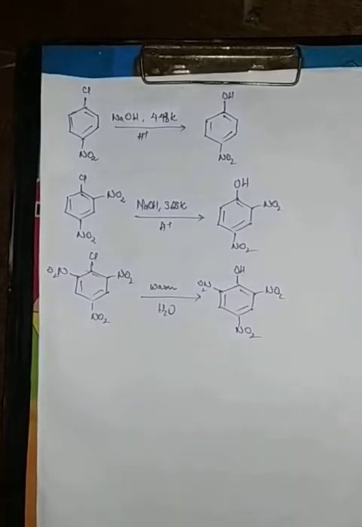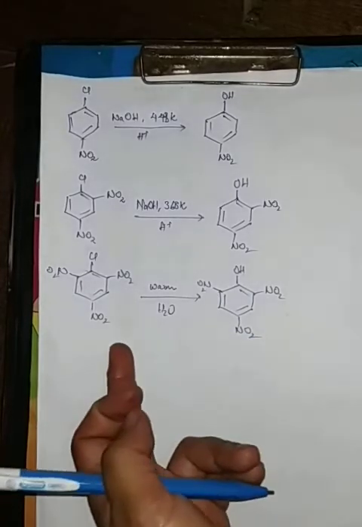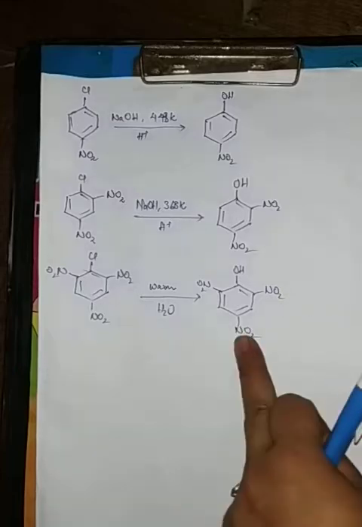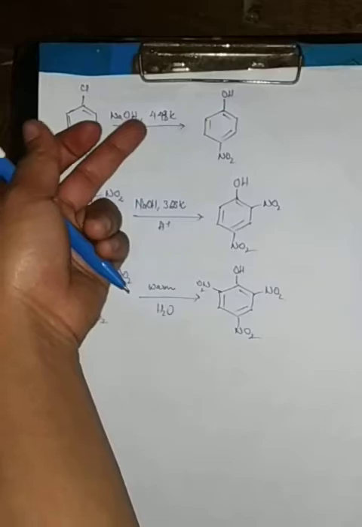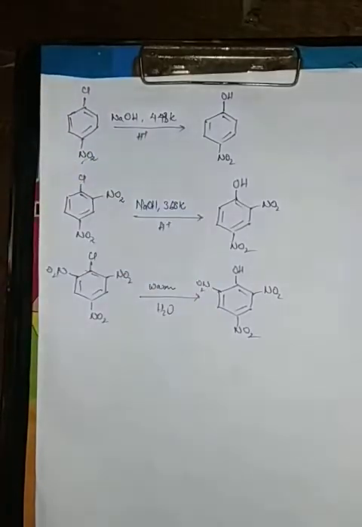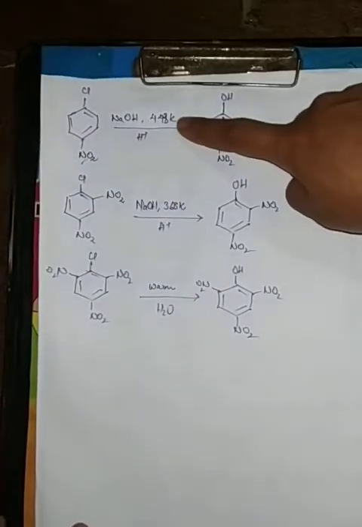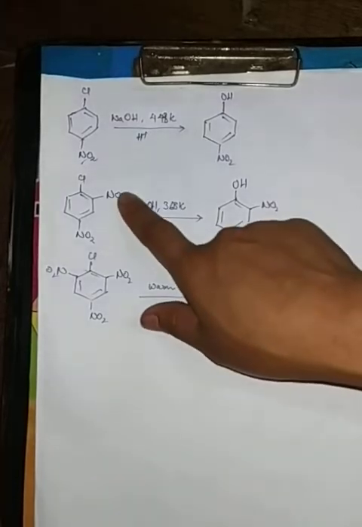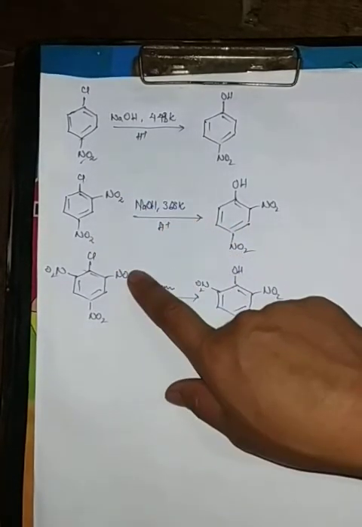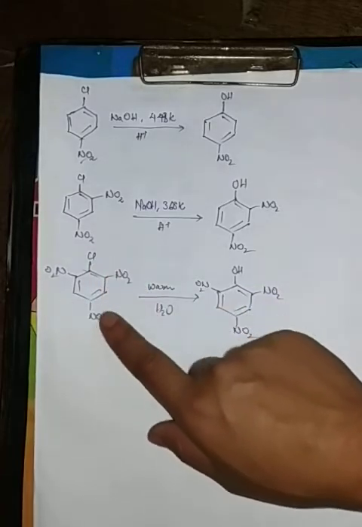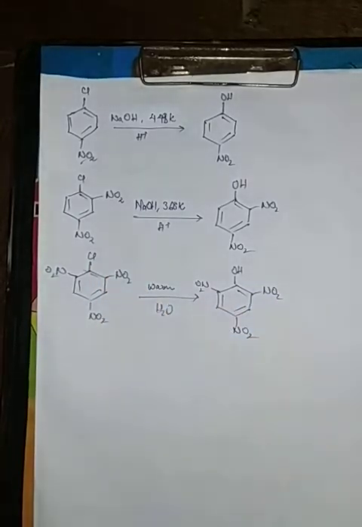Now, the effect of the presence of the NO2 group on the reaction conditions for nucleophilic substitution: when it is only at the para position, the reaction happens at 443 Kelvin. When it is at both ortho and para positions, it occurs at 368 Kelvin. And when it is at all three ortho and para positions, the reaction happens rapidly, only on warming.